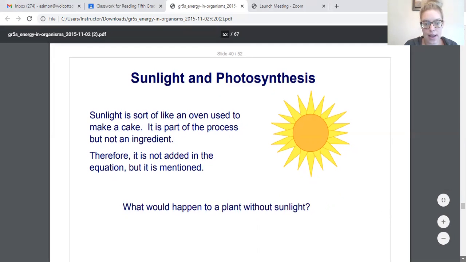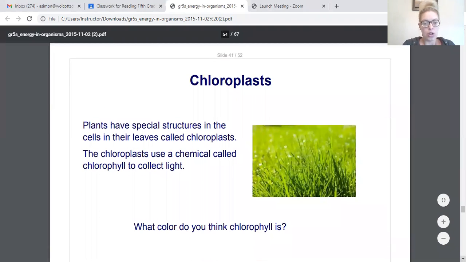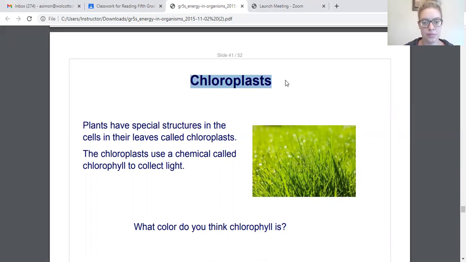All right, moving on. Chloroplasts. Go ahead and add that in your notes, please. Plants have special structures in the cells in their leaves called chloroplasts. So chloroplasts are in plants' leaves. The chloroplasts use chemicals called chlorophyll to collect light.